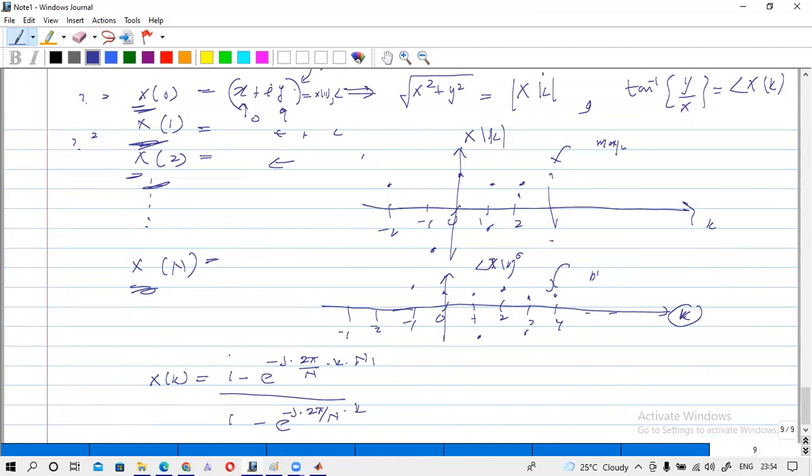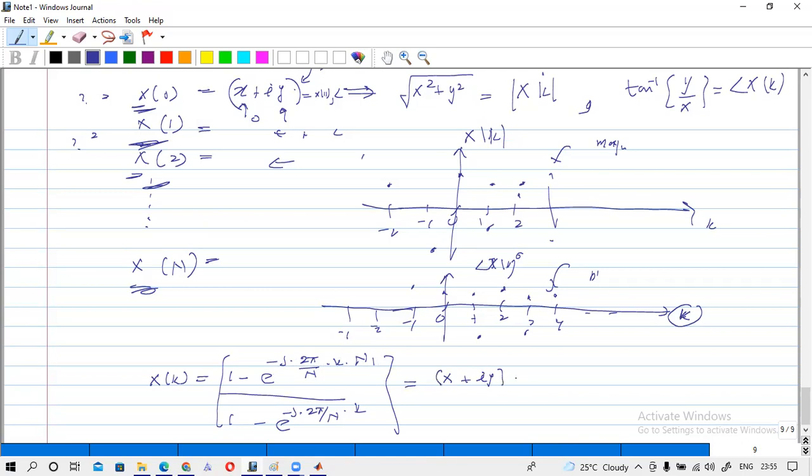So you can see that this is a complex value. If you put some values for n1 and n, it will be e to the power minus j some value. So this will be a complex value, and this also will be a complex value. You can simplify this in the form x plus iy.